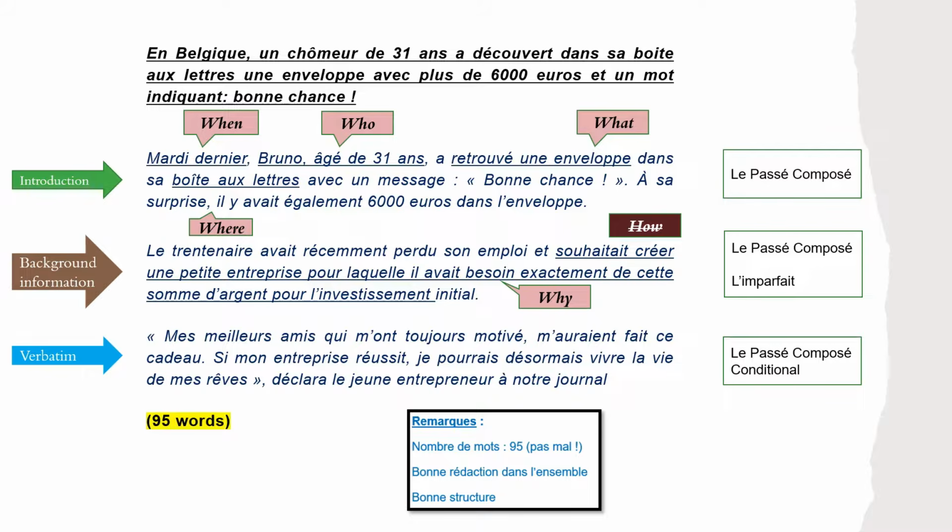So in introduction, you'll see that I'm using 4W's rule, and I'm saying Mardi dernier, Bruno, âgé d'un an, a retrouvé une enveloppe dans sa boîte aux lettres avec un message, bonne chance.